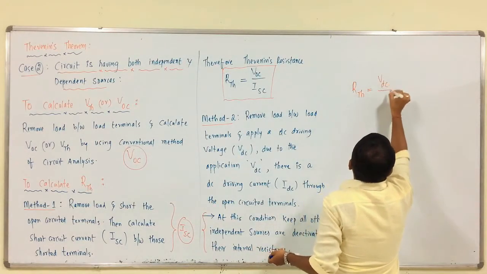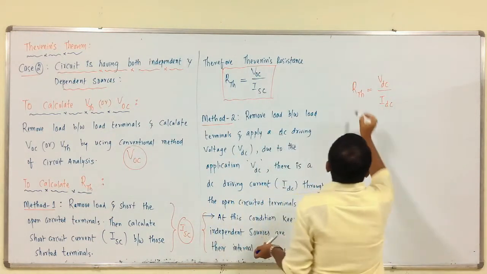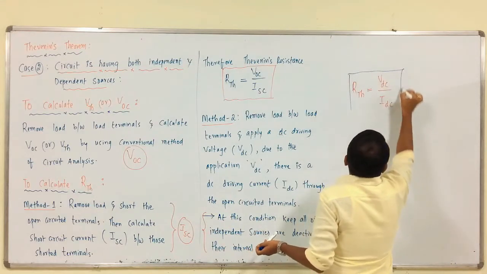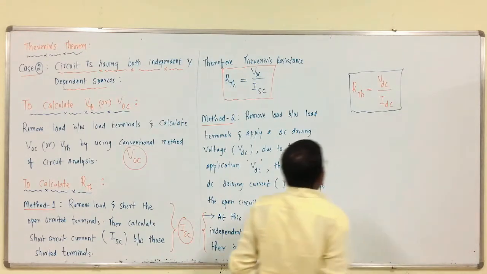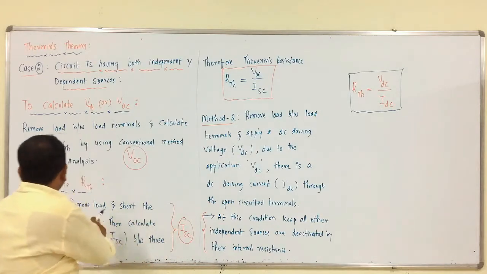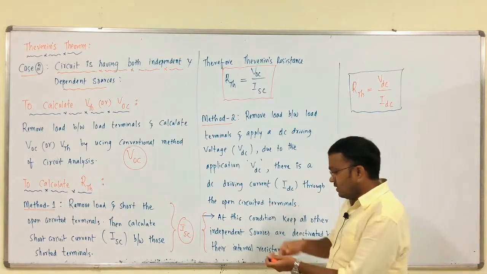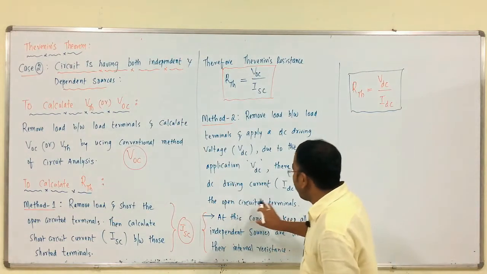VDC by IDC, that is it. So, we have two methods to calculate Thevenin's resistance. This is method 1, that is method 2. There is a small correction, this is not open circuited terminals.